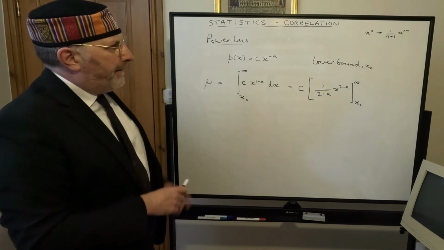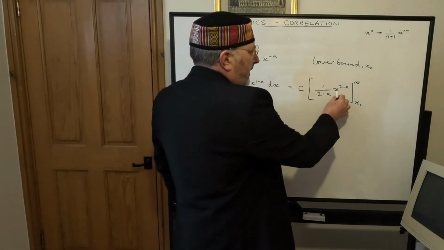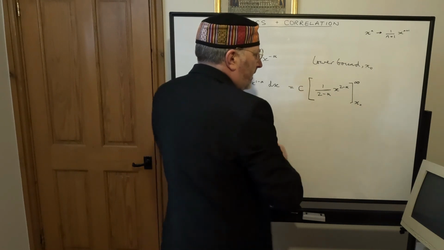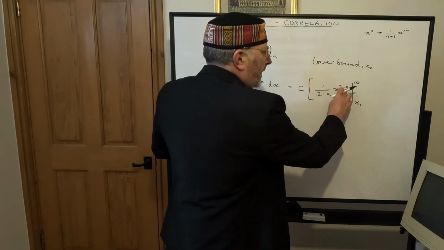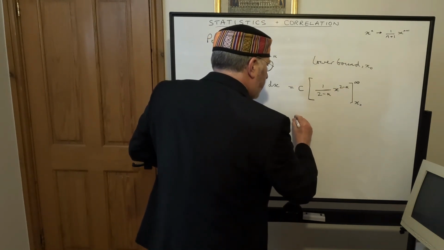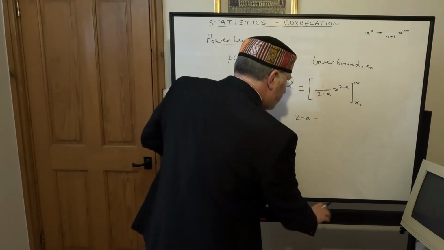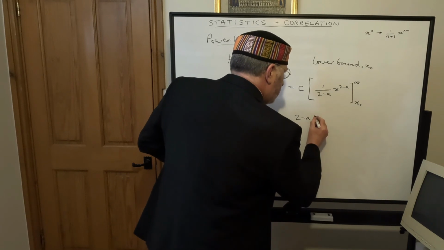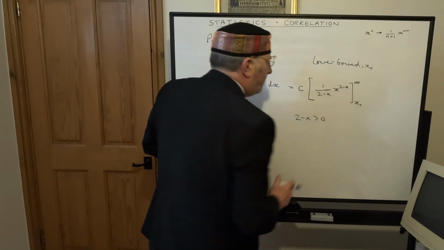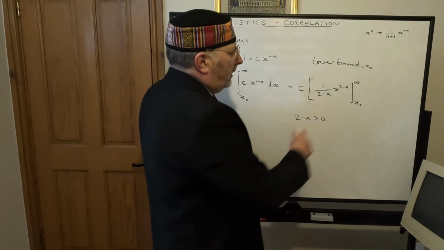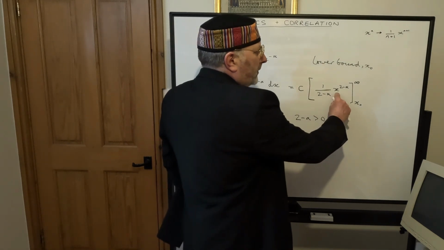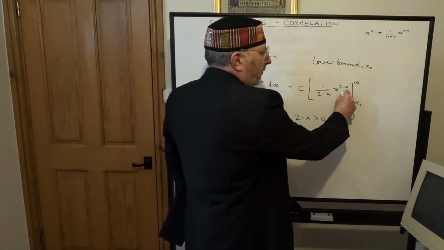Now, let's say 2 minus alpha is greater than 0. Well, this will be positive then.